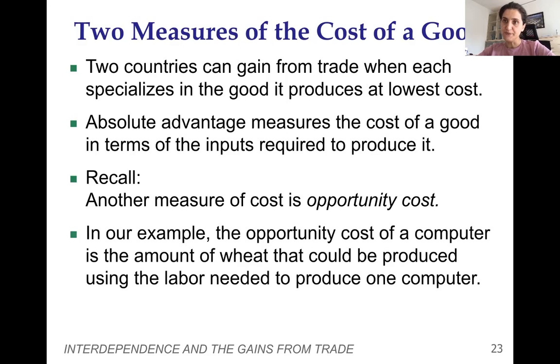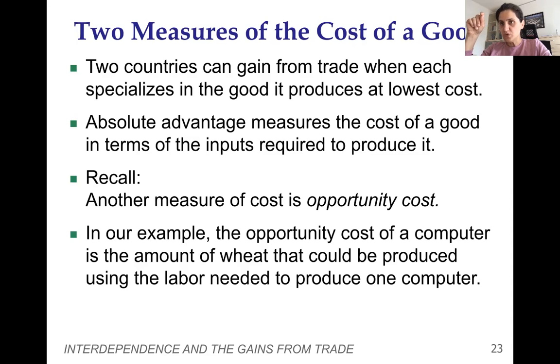In our example, the opportunity cost of a computer is the amount of wheat that could be produced using the labor needed to produce one computer. Or you can look at the slope of the production possibility frontier we drew, right? So what is the slope of the production possibility frontier?